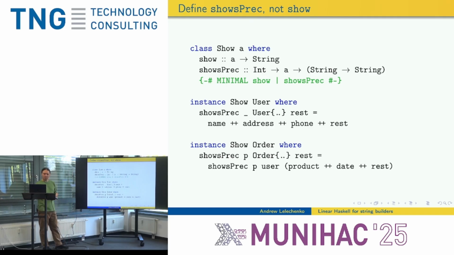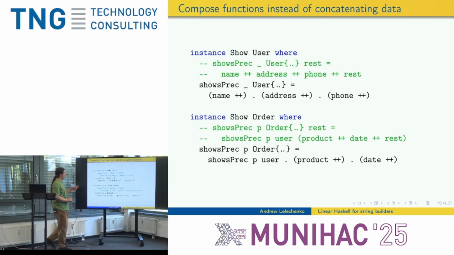Now, it feels a bit not symmetric enough, this thing. Like I plus plus somewhere and then showsPrec somewhere, and then this rest argument is kind of lingering around. So I can rewrite these definitions in a more concise way.